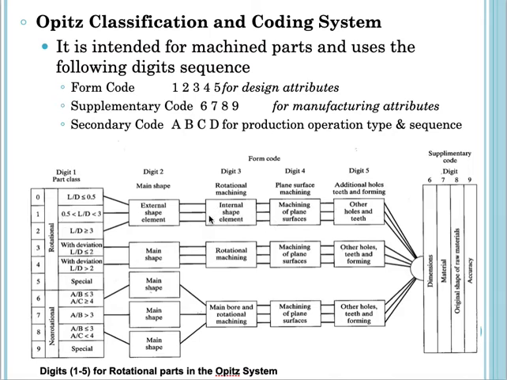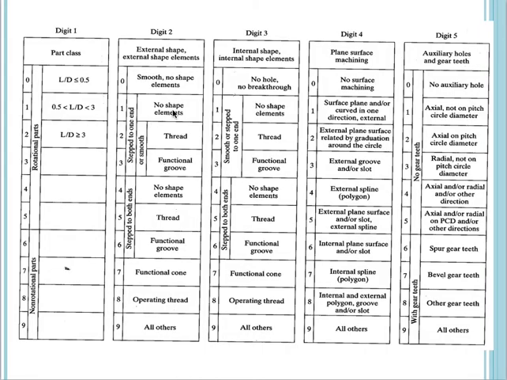So you can say there is no shape element over there, directly a through hole. Third digit is no shape element; if inside there is a thread, automatically the digit will be 2.